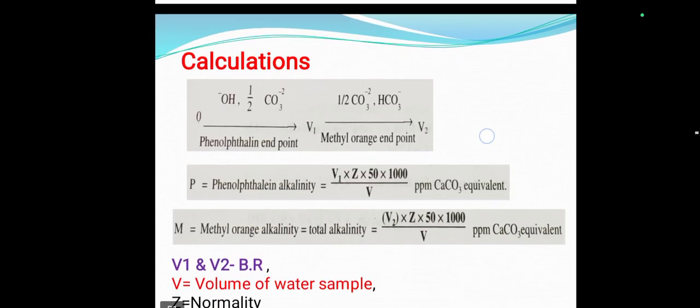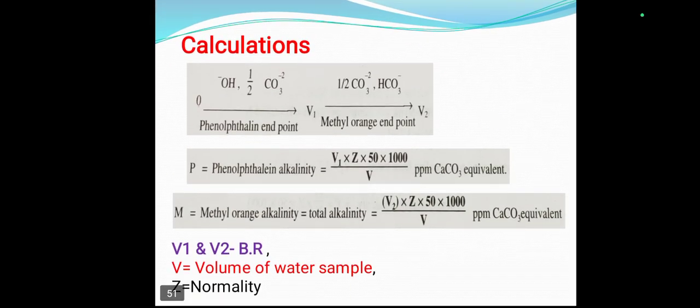As far as calculations are concerned, we use two indicators. First is phenolphthalein, that is P, and second is methyl orange, that is M. Initially the burette has acid, adjusted to 0.